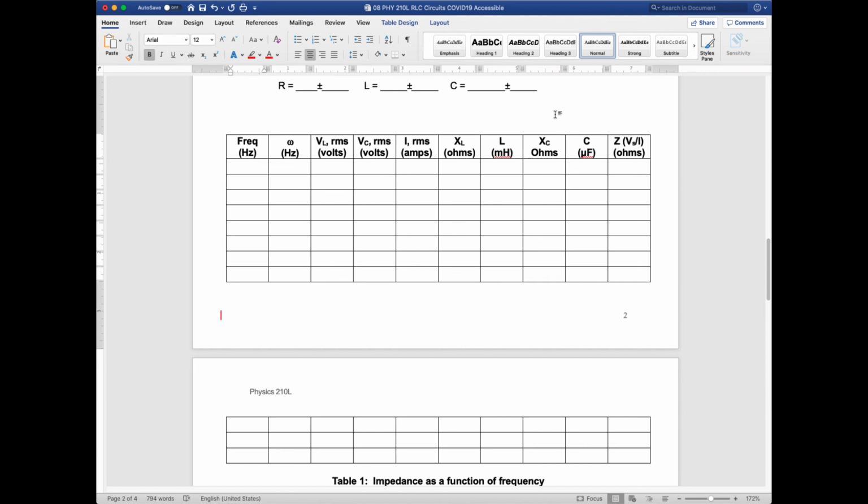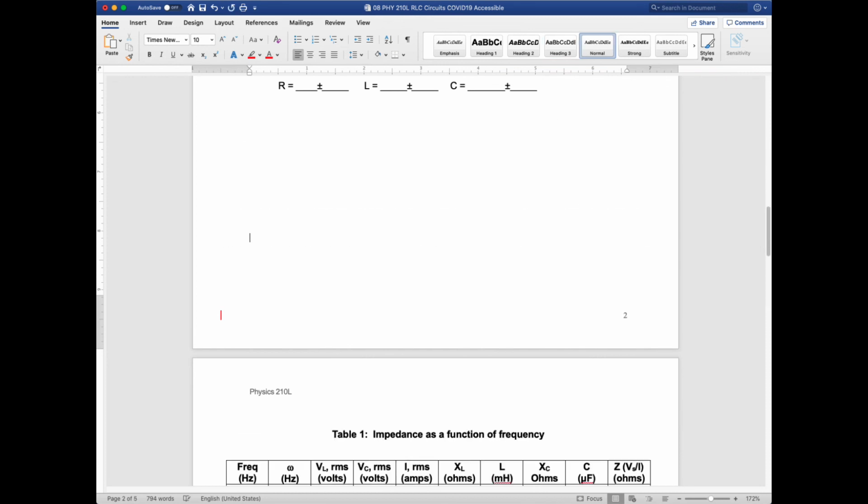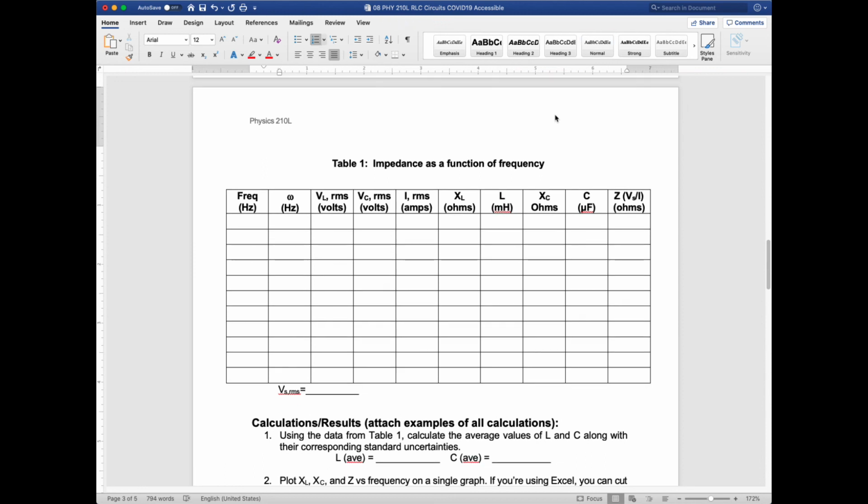So what you want to do is put the table on one page. So you have to keep hitting return. That's what happened in one group. I remember a long time ago, they had a ridiculous number of data points, so their table went through 2 pages. It was amazing how much data they took. You don't have to do that.